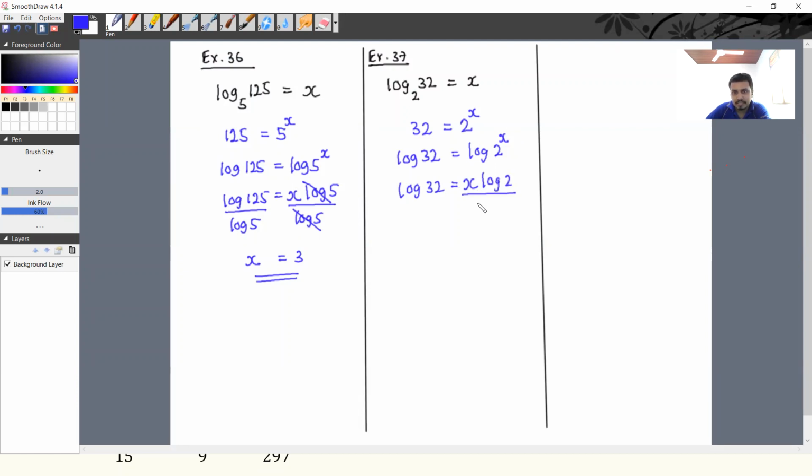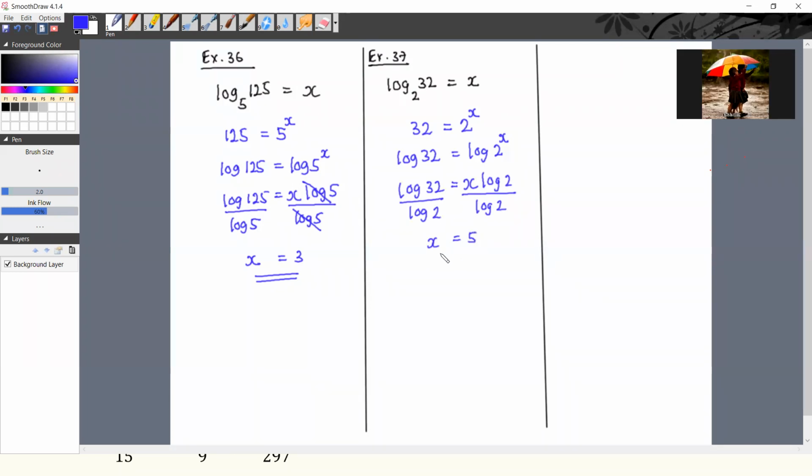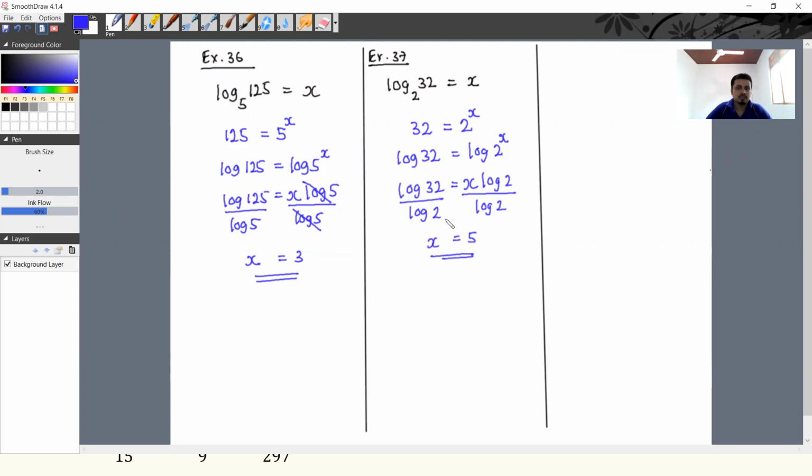To make x the subject, we need to divide both sides by log 2. Then x should be equal to 5. Now we can take this on the calculator: log of 32 divided by log 2. x equals 5.